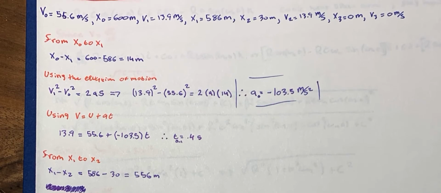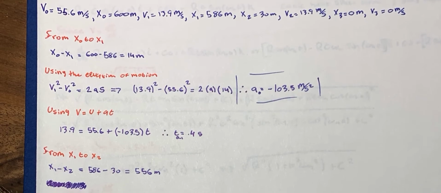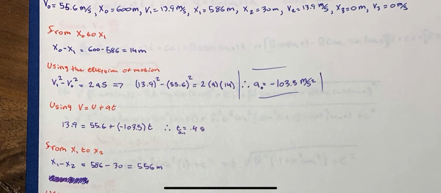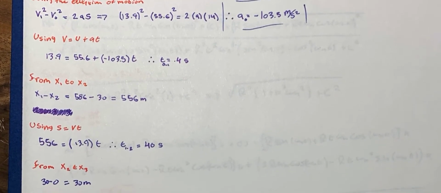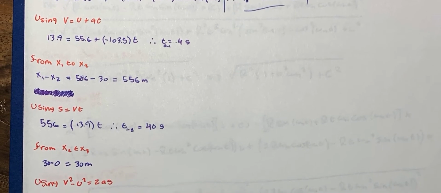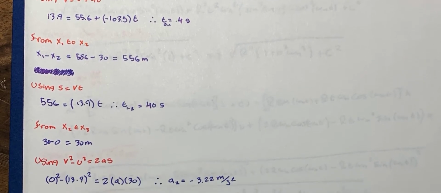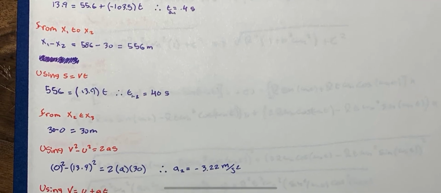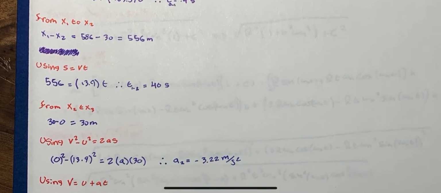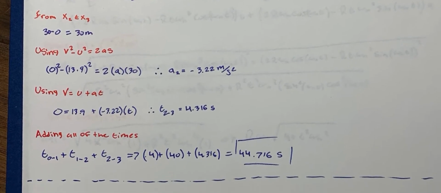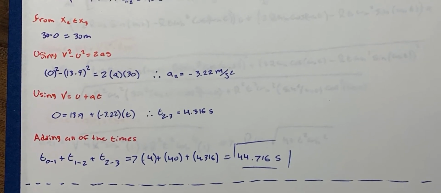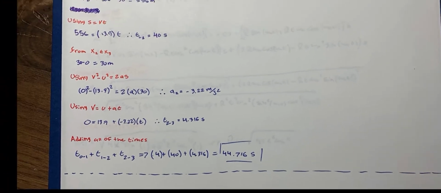And then using the standard velocity equation, plugging the numbers it's given you from point to point, we have 0.4. And then do the same thing from 1 to 2, and then the same thing from 2 to 3. Pretty simple. And you add up all the times at the end, and you'll get around 44.716 seconds.